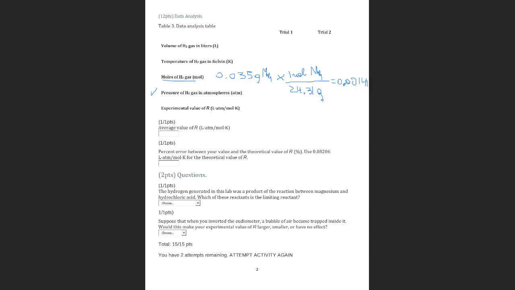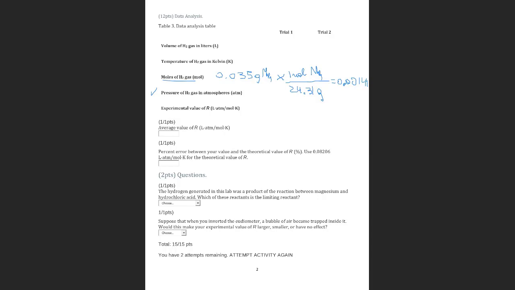So let me make sure the units are correct. Let's review it. The pressure of the hydrogen equals the atmospheric pressure minus the vapor pressure of the water. And the units are in torr so far. So we do 762 minus 18.7, and we obtain a value of 743.3 torr. Very good.